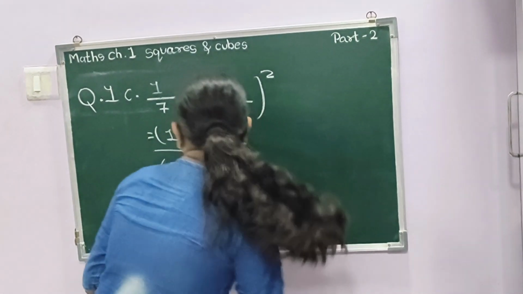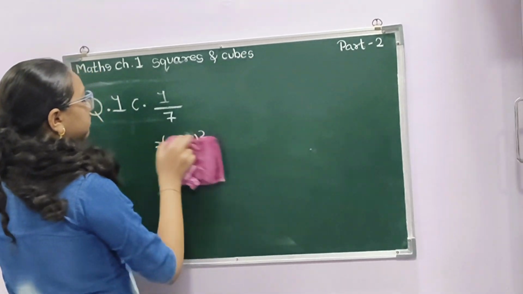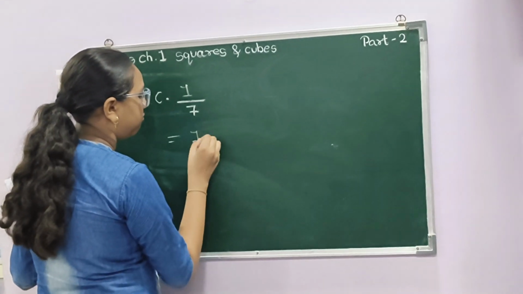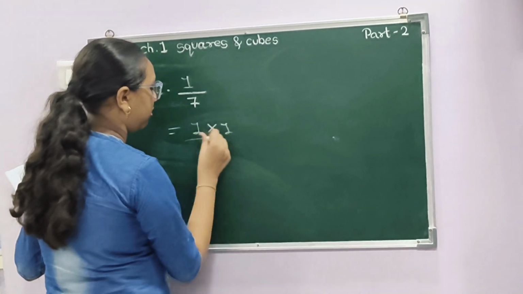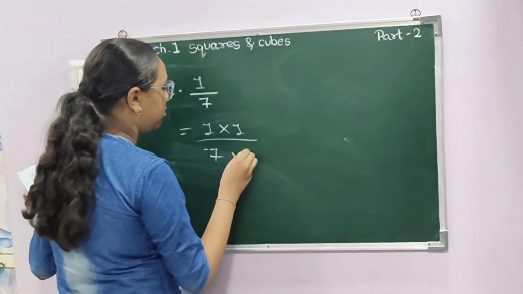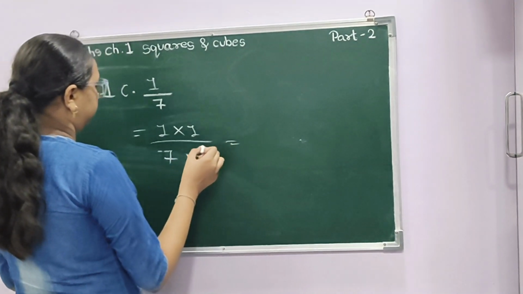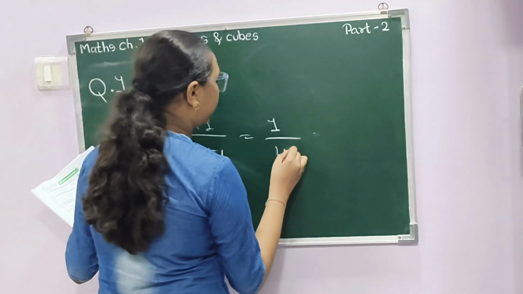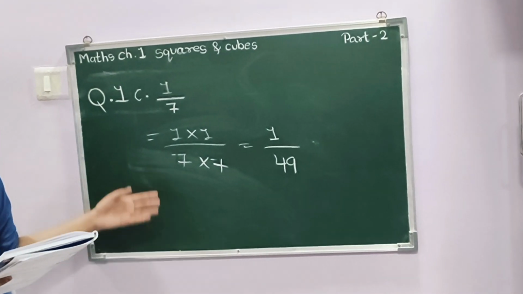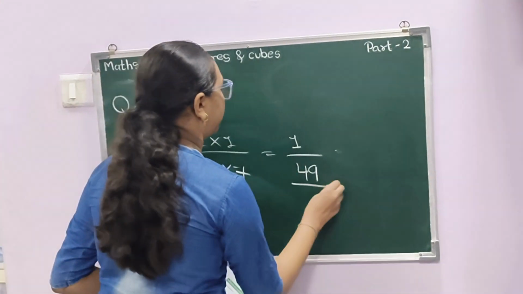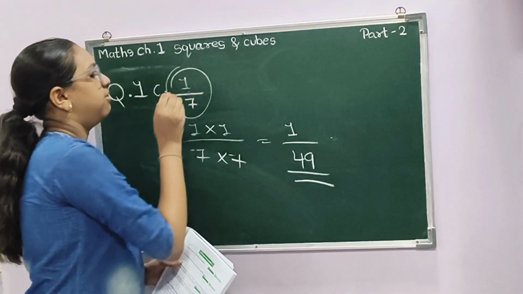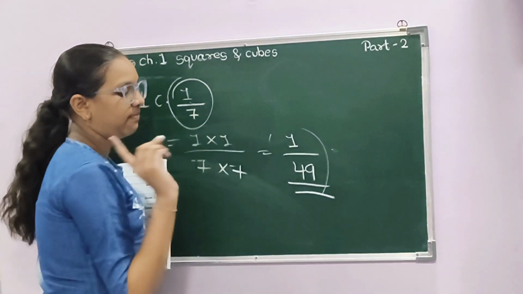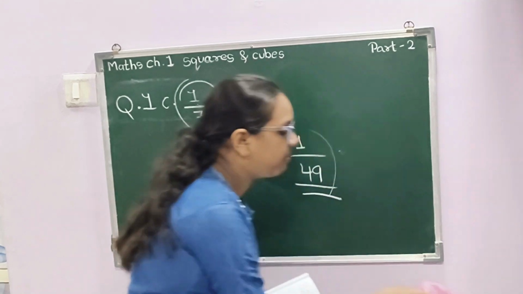So now we will multiply 1 into 1 upon 7 into 7. So 1 into 1, 1 upon 49. So now this is the square number of this proper fraction, and this is bigger than this. That was our property of square, no?